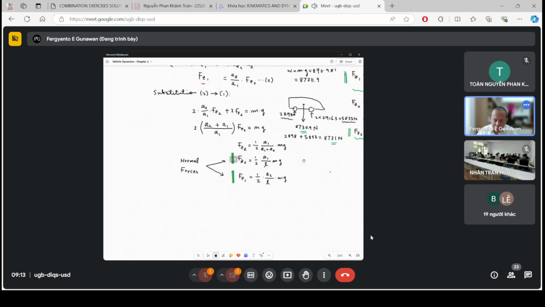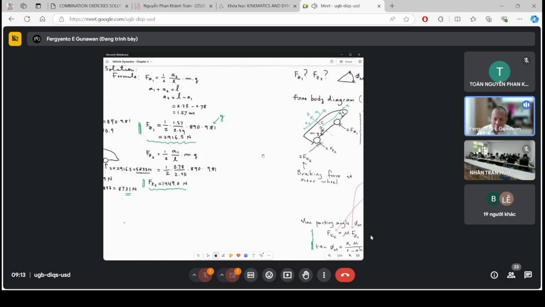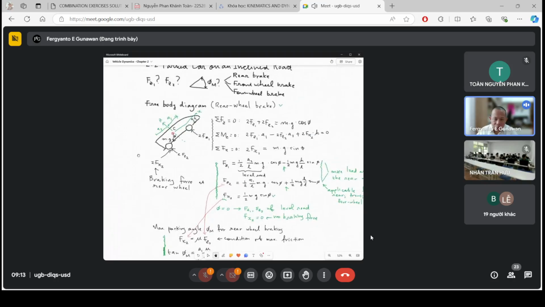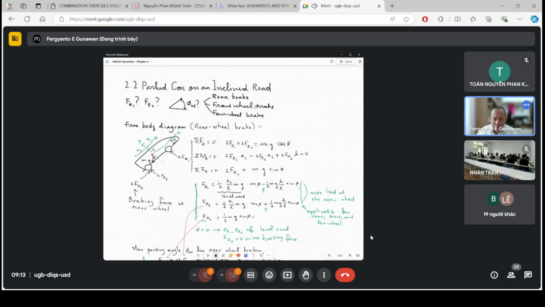That is for the level road, and we also discussed the inclined road. In this case, we discussed three conditions: using a rear brake, a front wheel brake, and a four wheel brake.